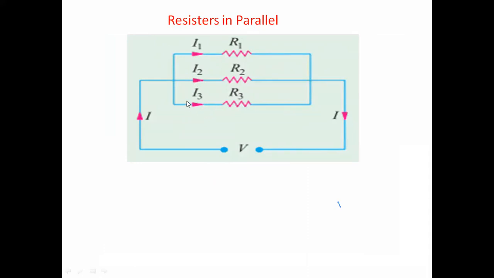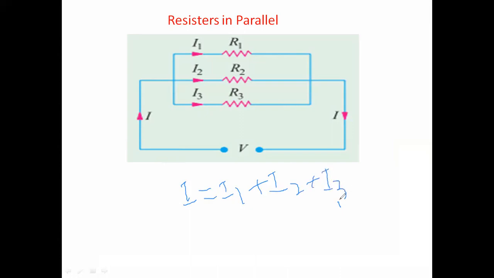So from this, what we can find out: I is equal to I1 plus I2 plus I3.